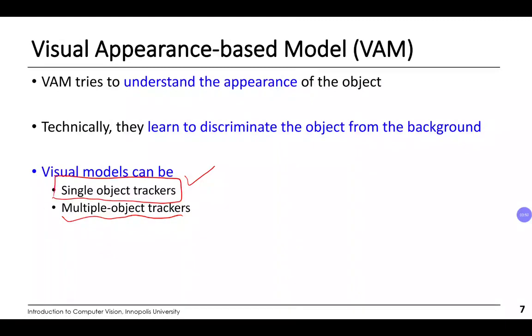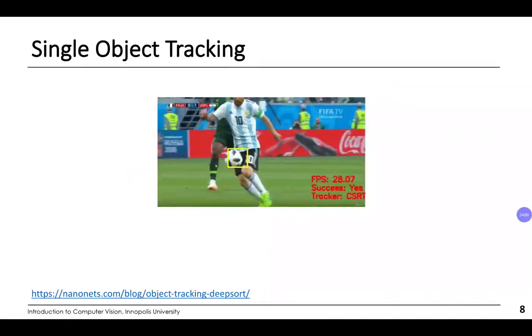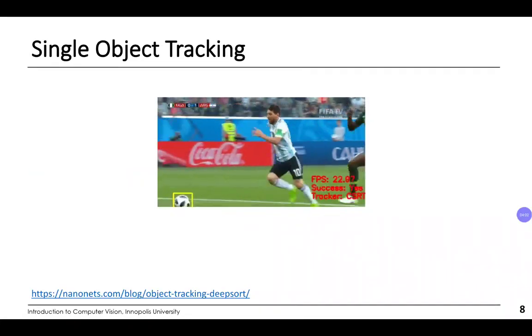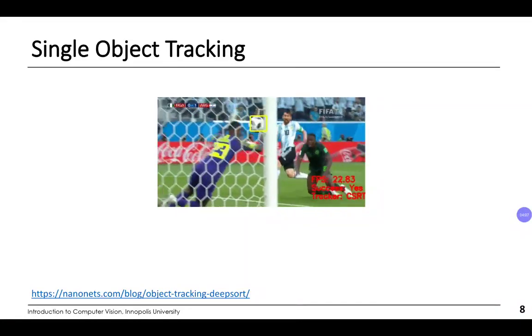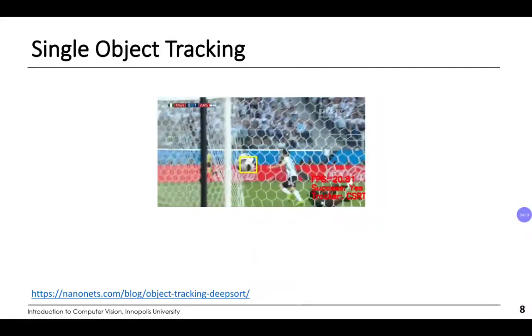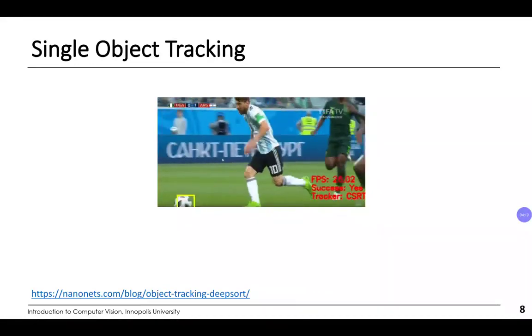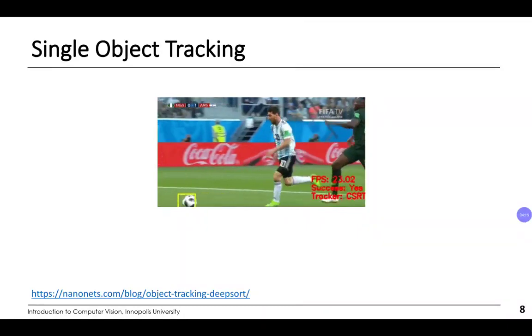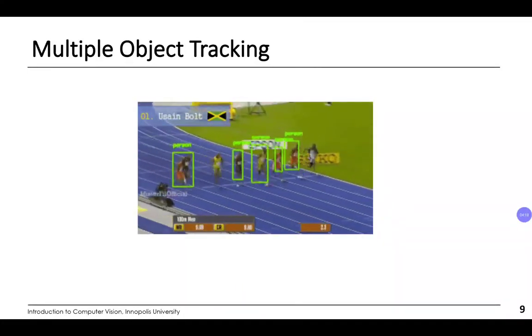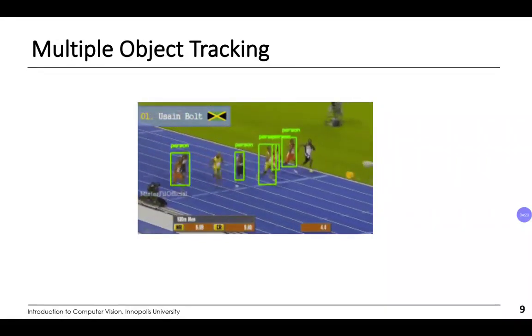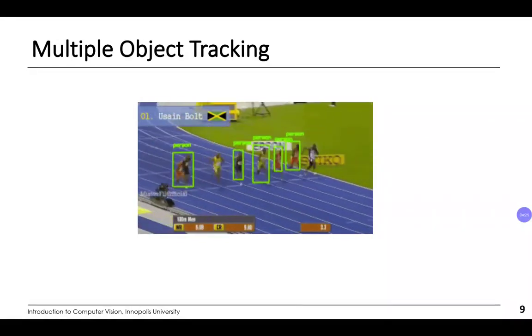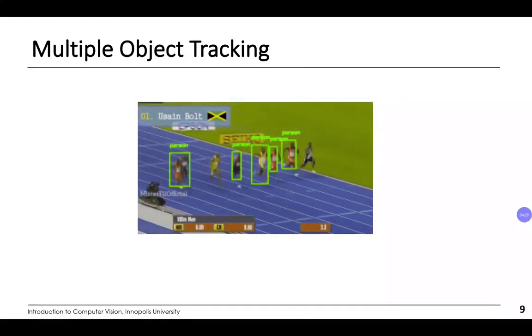If you are interested in the topic, maybe you can check multiple object trackers based on your own interest. Here is an example of single object tracking, a football, and how the object tracker is tracking this football. The next example is multiple object tracking, where we are tracking not a single object but multiple objects in the video frames.